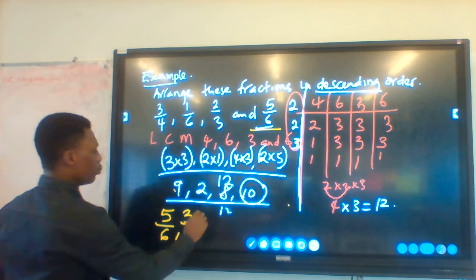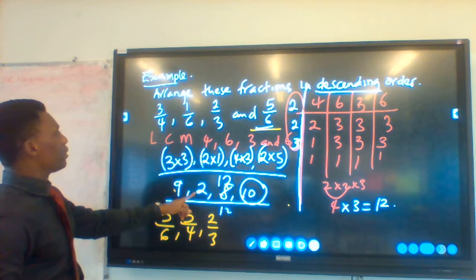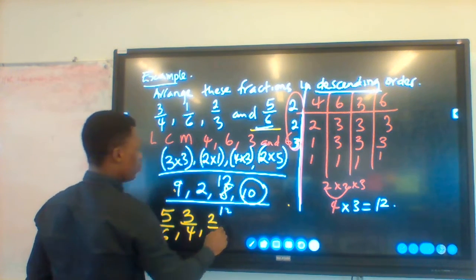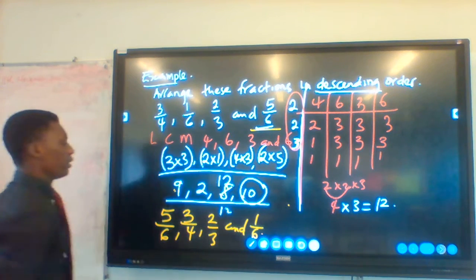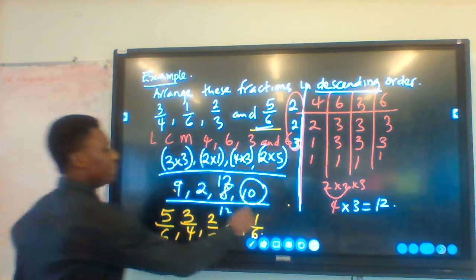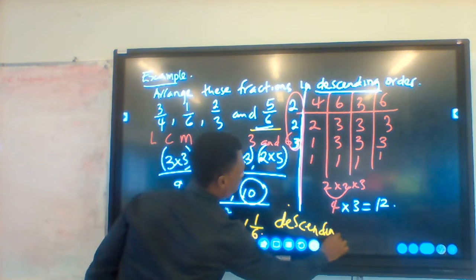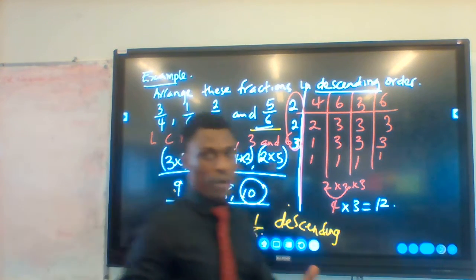Third position, which is 2 over 3. And the final one, which is the least one here, is the one in second position because we have 2 here, which is 1 over 6. And this one is in descending order from the highest to the lowest.